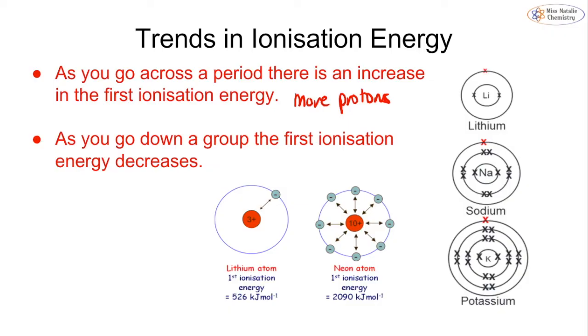As we go down the group, we see a decrease in the first ionization energy because if we look at group 1, lithium contains 2 quantum shells, sodium contains 3, and potassium contains 4. So we are actually making that outer electron further away from the nucleus, causing the energy to get it to that point X to be lower.